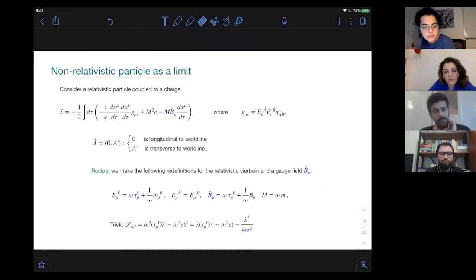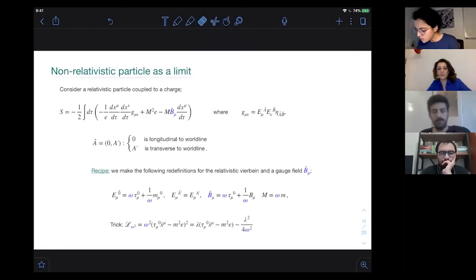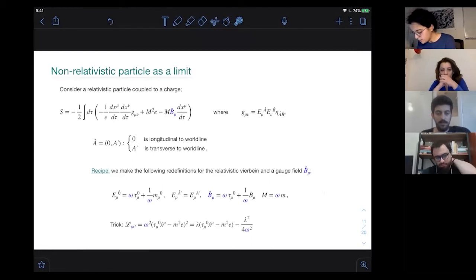I make some redefinitions of the relativistic fields by introducing a contraction parameter omega. So E_mu^0 is redefined in that form, E_mu^A' is like this, and B_mu goes first with some kind of divergent term, divergent in the sense that at the end I will take omega to infinity.